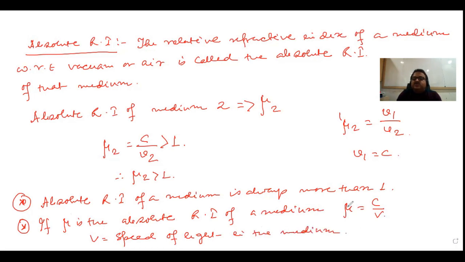Okay. So this is the formula for absolute refractive index and what we mean by absolute refractive index.